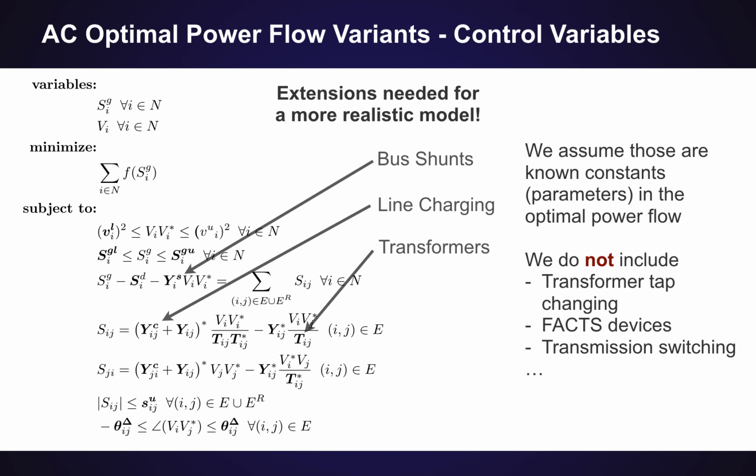So this specifically means that we do not include transformer tap changing as our optimization variables. We do not include the settings of FACTS devices or transmission switching as part of this problem. So all of these are important practical problems that are actually active research topics to develop formulations and optimization problems that are able to handle those kinds of things, but they are not covered by what we are doing here.